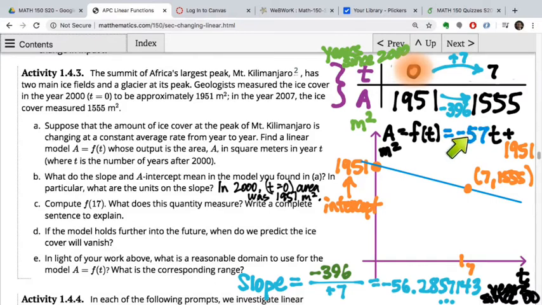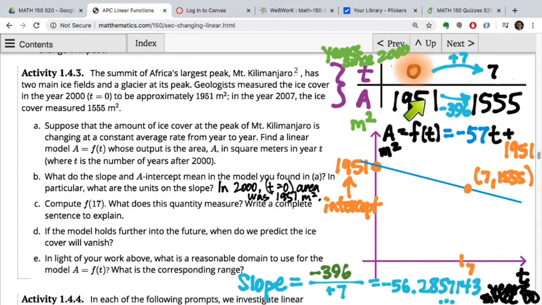This number, let's call it negative 57 now, just so that we can talk about it more easily. Negative 57 what? What are the units on that slope, first of all? Meters squared per year. How did you know that? Where do those units come from? It's the average rate of change in a year. Yes. And so the reason that it's meters squared per year is the meter squared is coming from the vertical value.